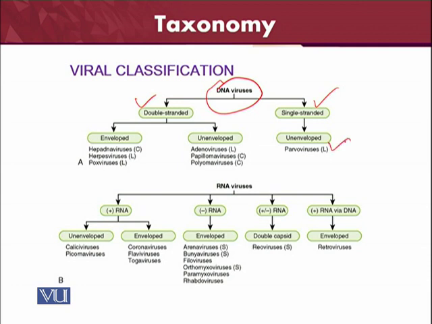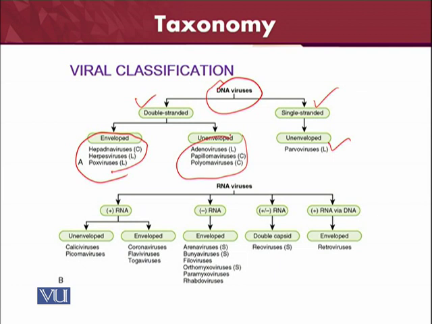However, there are also enveloped viruses, for example, single-stranded, then the double-stranded, then will be enveloped and unenveloped. We have given the examples of some viruses here for the enveloped viruses, and similarly the double-stranded unenveloped viruses, adenovirus, papillomaviruses, and polyomaviruses are the unenveloped double-stranded DNA viruses.